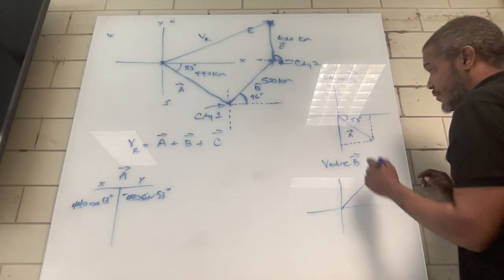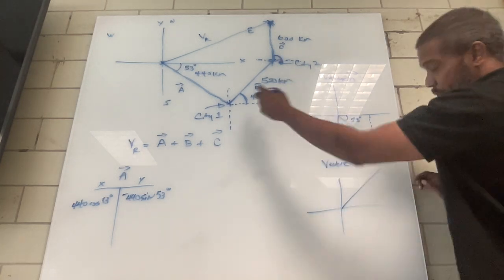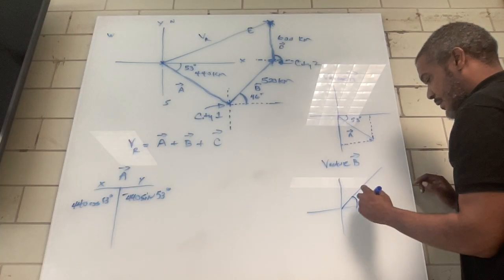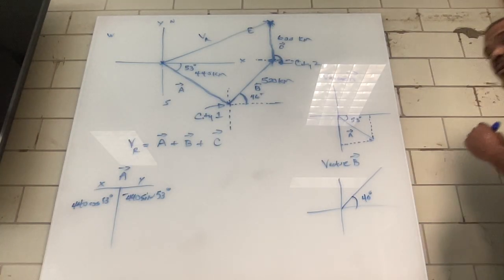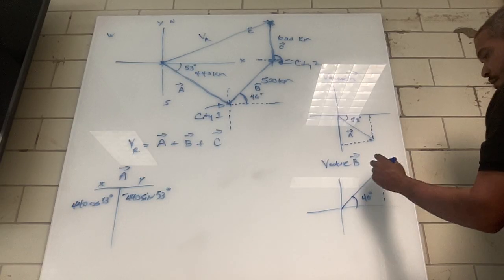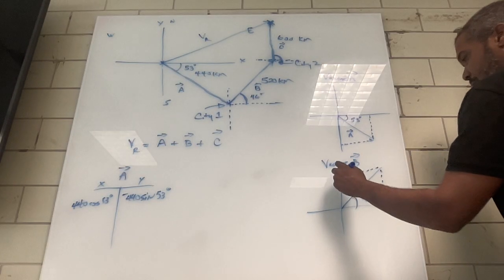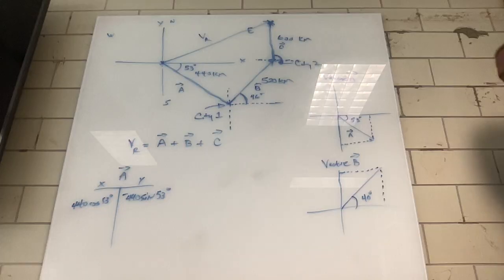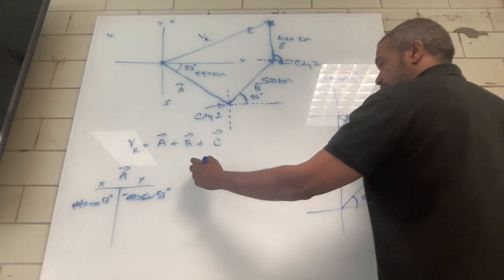So now we got what? This one is 520? So now we got the 46 angle, right? 46 degrees. Now what are the components of B?